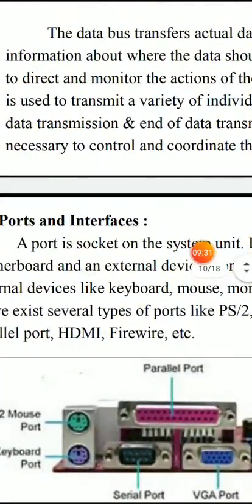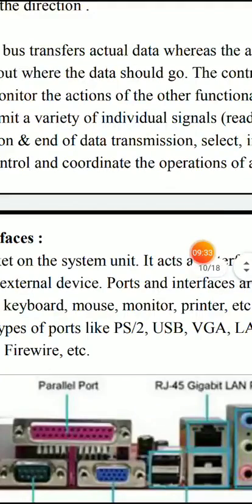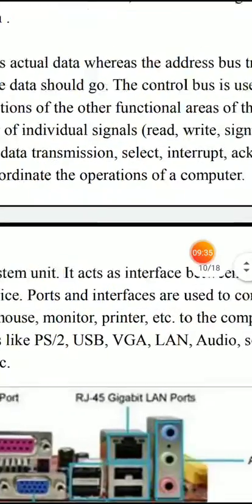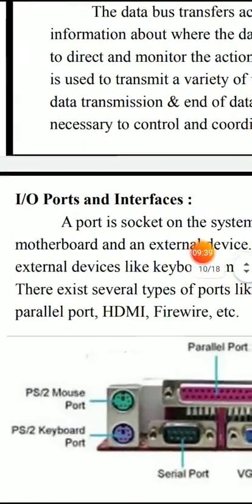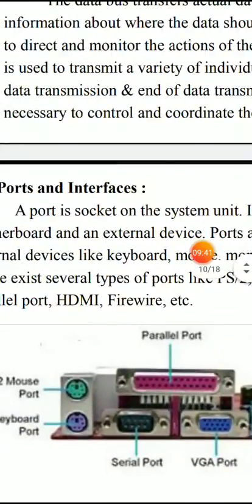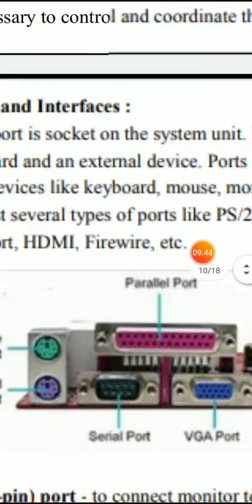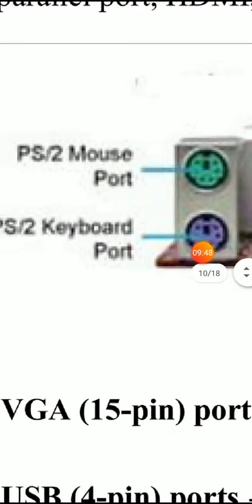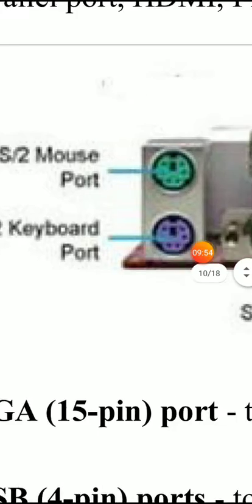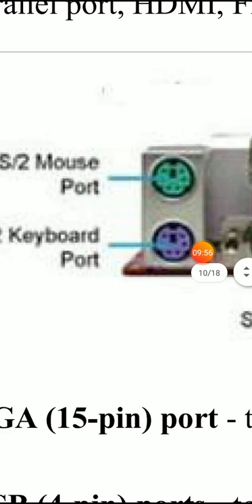There exist several types of ports like PS2, USB, VGA, LAN, audio, serial port, parallel port, HDMI, FireWire port, etc., which are shown in the figure. You can refer to this figure to know the different types of ports and how they can be detected on the motherboard of a system unit of a computer system.